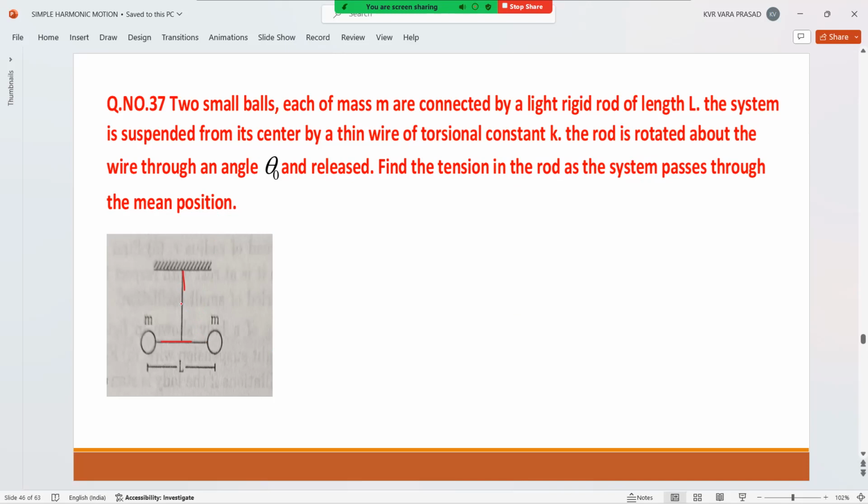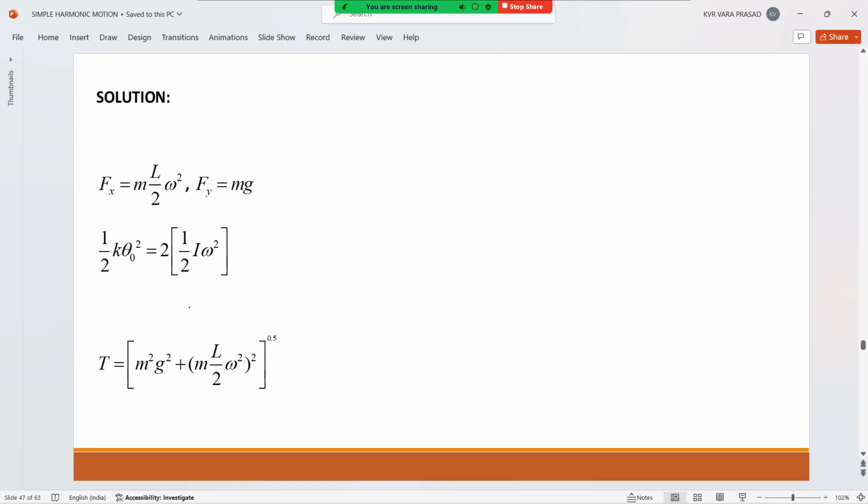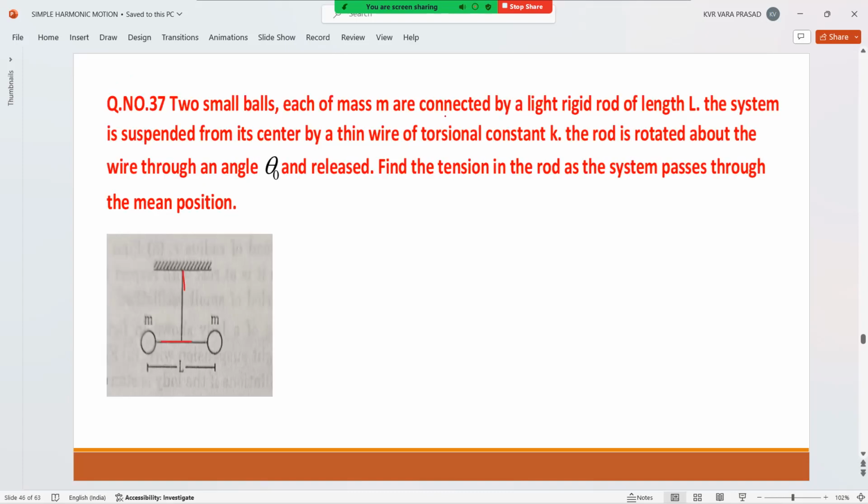Because of the twist in the wire, there is now a restoring torque, and that is given by, you can see your solution, torsional constant into theta. That is now the restoring torque. Because of that torque, the rod rotates back.